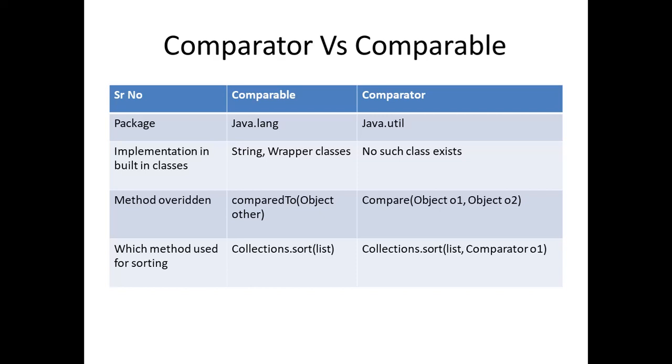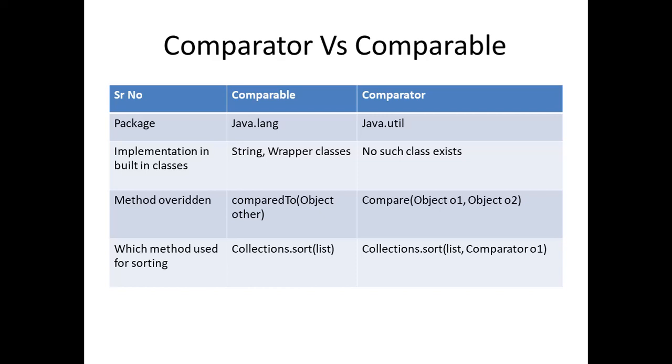So there are classes which have inbuilt implementation of the comparable interface, which are String and all the wrapper classes, which take care of the primitive data types as arguments, and you get the respective class objects on the other side: Integer, Double, Character, etc.